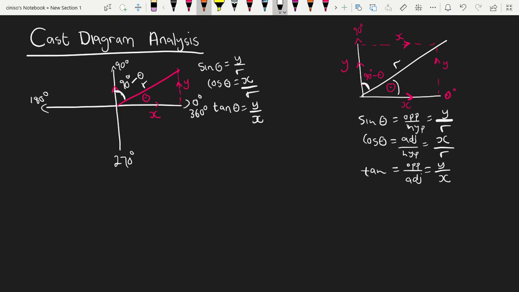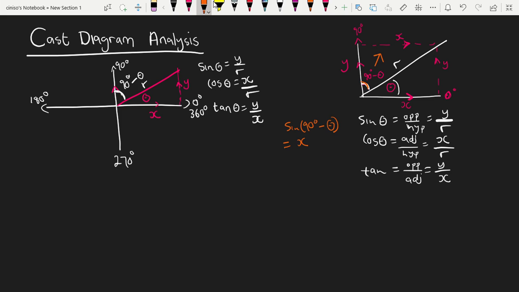So looking at this angle, we have sine of 90 degrees minus theta now. Sine of 90 degrees minus theta equals to, so if we check here, this 90 degrees minus theta, the opposite of this angle is what? It's x, right? So you're going to say x, and remember that sine is opposite over hypotenuse.